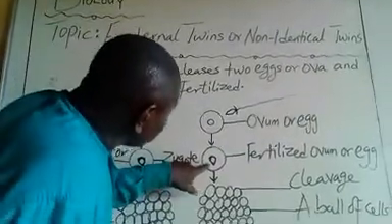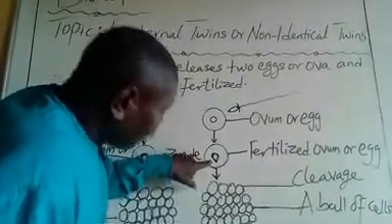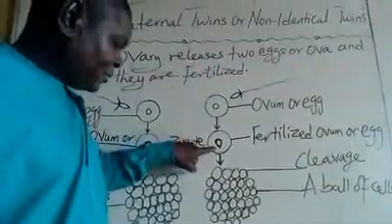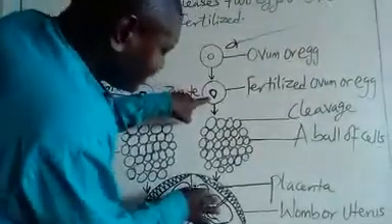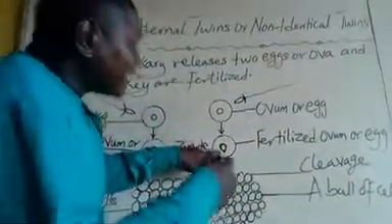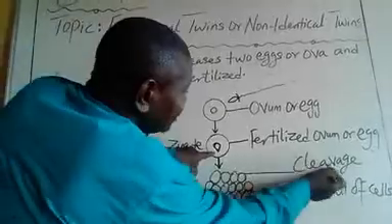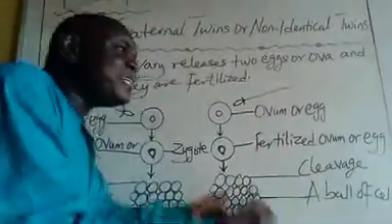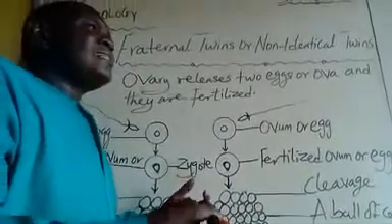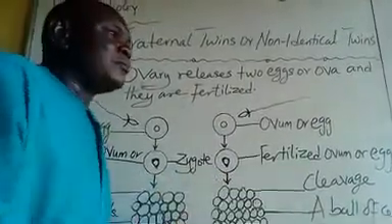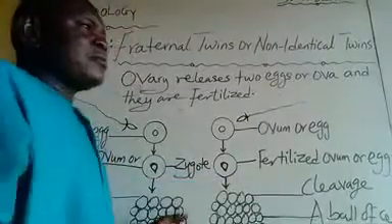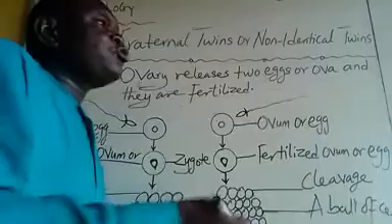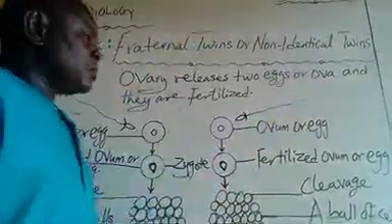Now that this ovum is fertilized, for you to have a baby here, for you to have a fetus here, there's what you call cleavage. Cleavage means splitting of the original cell into smaller cells.